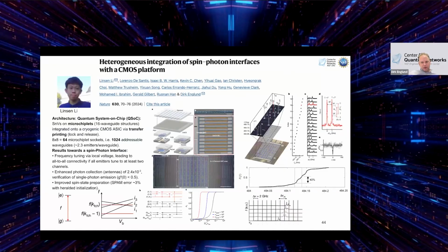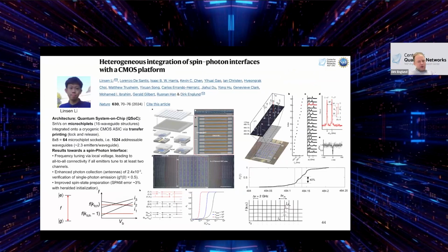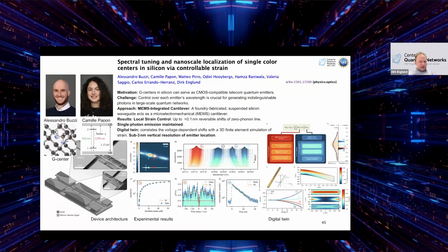And I talked earlier about the quantum memory integration into silicon CMOS, so I won't do that again. But I did want to mention that in silicon, in fact, it has been discovered, not by us actually, but by the Simmons group, for example, at the University of British Columbia in Vancouver, that silicon itself is host to promising color centers that also have optical transitions, like the diamond color centers here, and you can tune these.